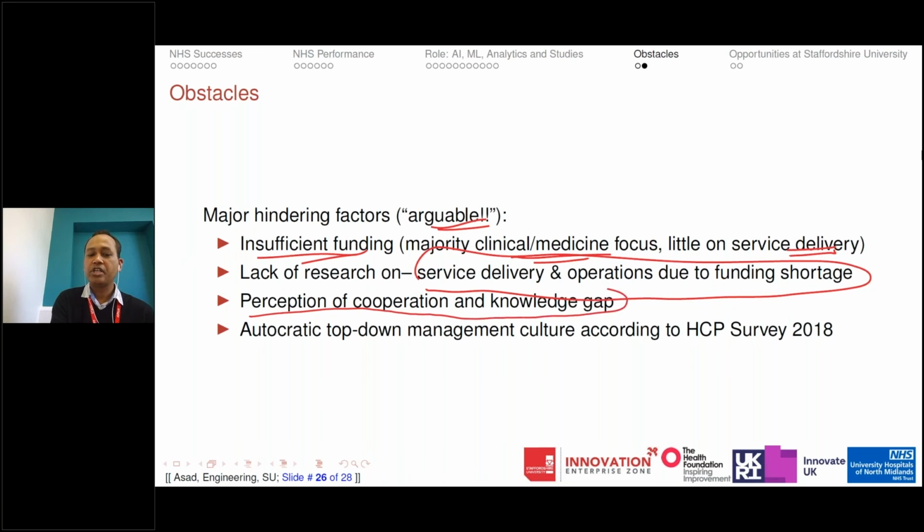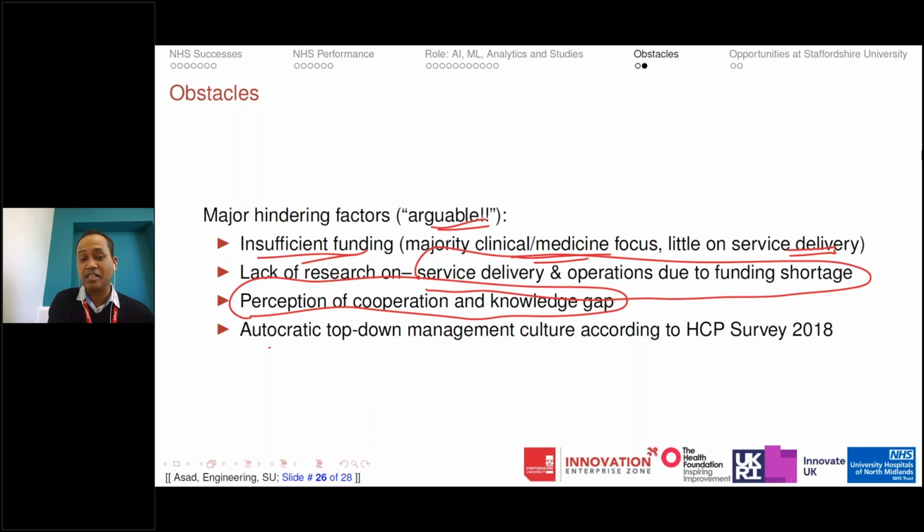Perception of cooperation and a knowledge gap is one of the aspects. Even within a specific trust, you have GPs, secondary care, and tertiary care providers, and they should be interconnected. The care should be provided in an interconnected or more structured way, but that's not happening because some of these smaller organizations are sort of autocratic.